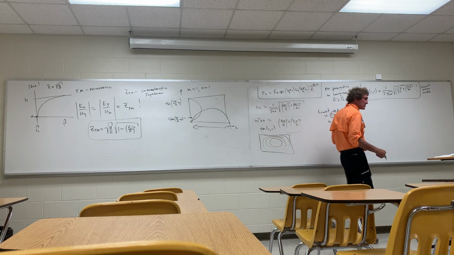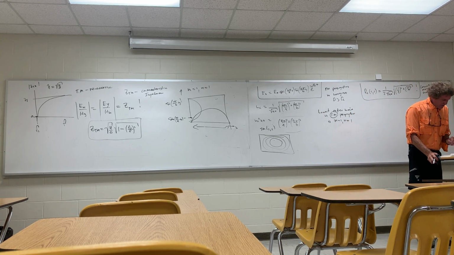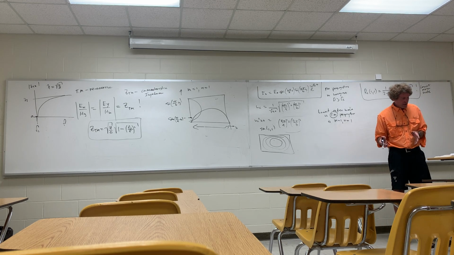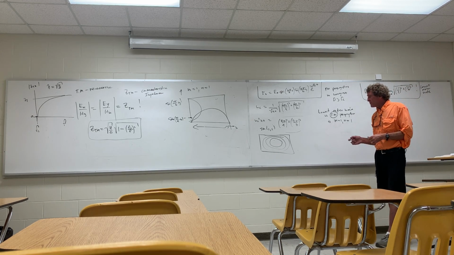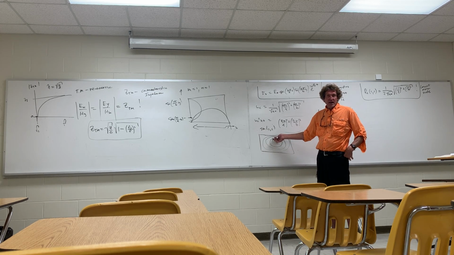I'm trying to show you contours of the magnitude of EZ. If you look on page 392 in your book, just write that down, he has contours, and he tries to show you what EZ would look like for the different modes. For the 1-1 mode, it means there's a large electric field right in the center, but it asymptotically goes to zero. It's hard to appreciate this, I know, but you're going to have to just try.